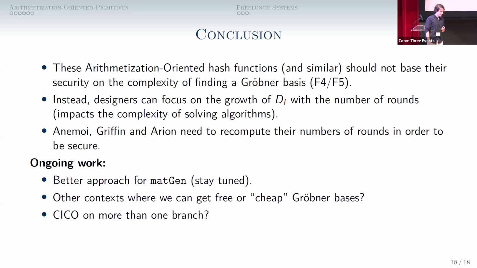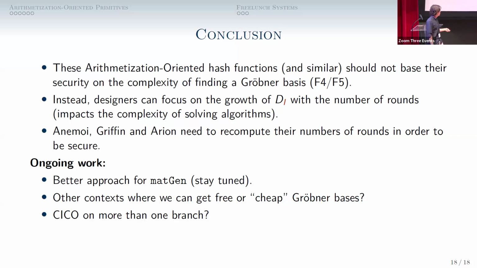And as far as ongoing work goes, of course, we are very interested in better approaches for MatGen. In fact, we already have some results that we are compiling in the paper, so stay tuned if you are interested. And also, are there other contexts where Gröbner basis computation is hard and you can actually find these free or cheap Gröbner bases using similar methods?